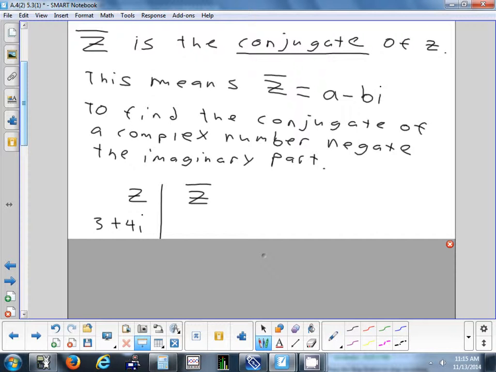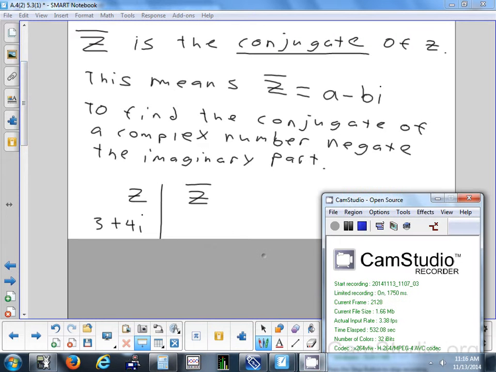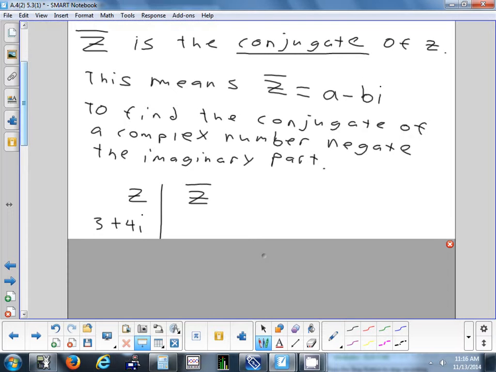Okay, so let's just try finding the conjugates of some numbers. Let's say I had 3 plus 4i. What do you think the conjugate of 3 plus 4i would be? 3 minus 4i. Yeah, that's it.